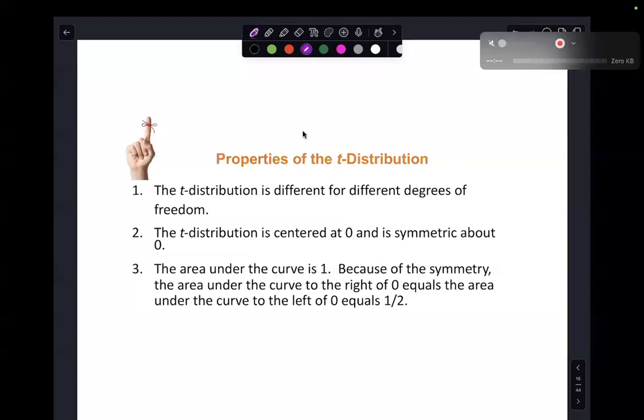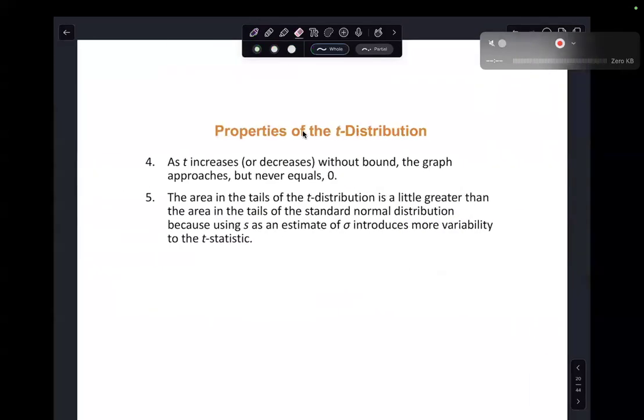So remember that our t distribution is different depending on our sample size or degree of freedom, that it looks a lot like a z distribution, but when we have smaller sample sizes, we have more room in the tails. Remember that? So it doesn't look quite the same as a z distribution, but it's going to get really close to zero, but never equal to it.